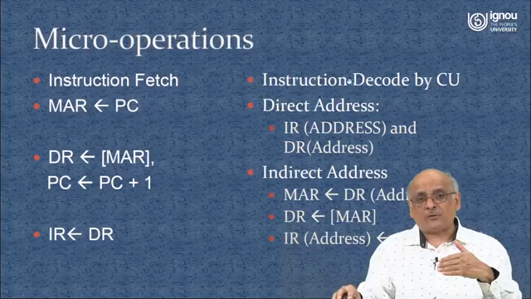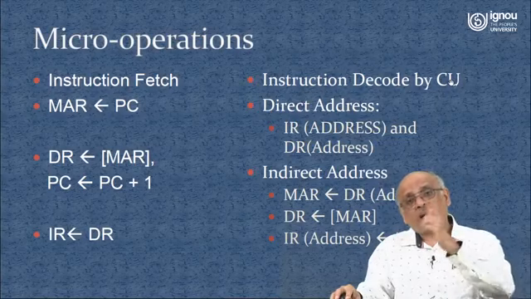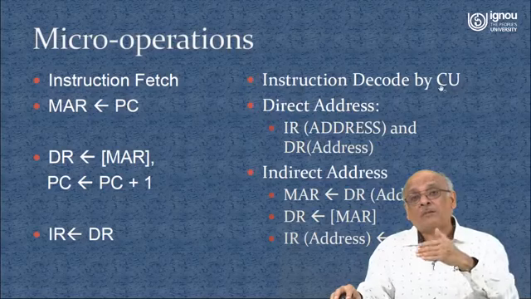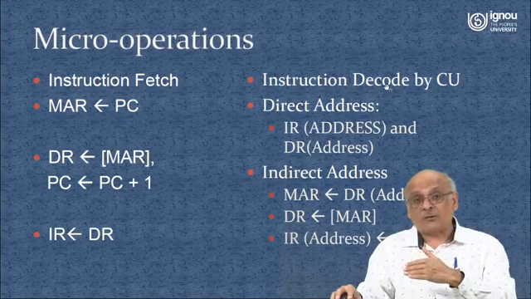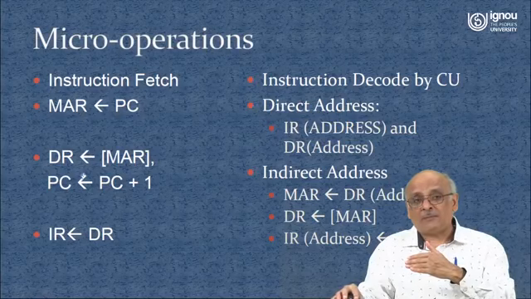The operation code will be checked, and the operation code is used to branch to a control memory location where the microprogram of that particular instruction resides. Every instruction has its own microprogram, and that microprogram consists of a sequence of micro instructions. Each micro instruction deals with one type of micro operation.